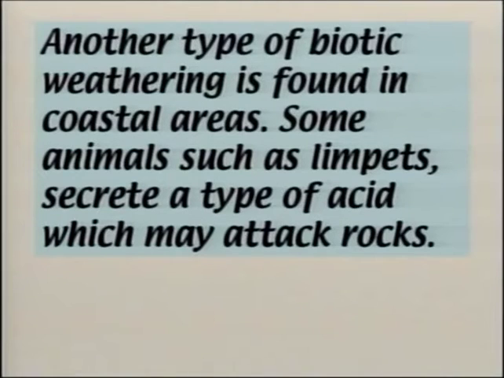Limpets are shell-like creatures, and the shells grow in clusters on rocks, especially along coastlines. Those shells secrete a certain type of liquid, and that particular acid or liquid can attack the rocks, resulting in their breaking up. This is an example of how an animal can also contribute to chemical type weathering.